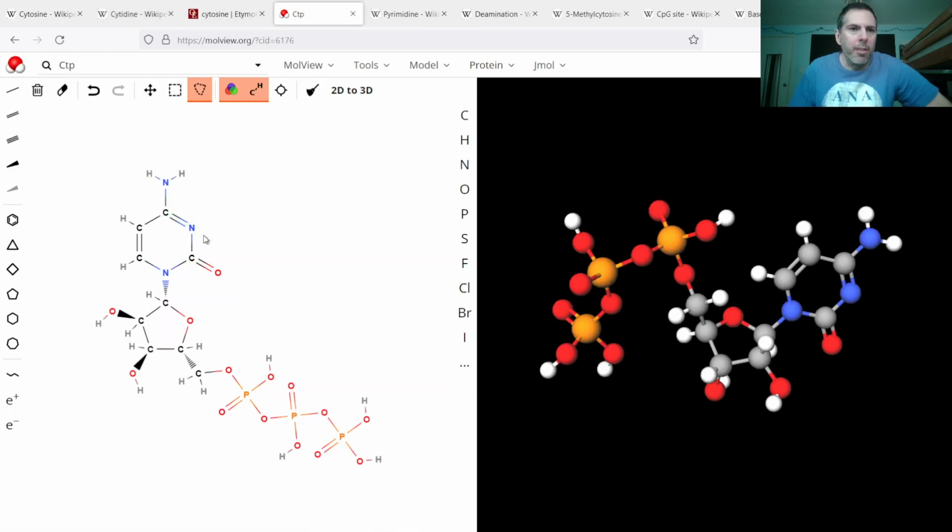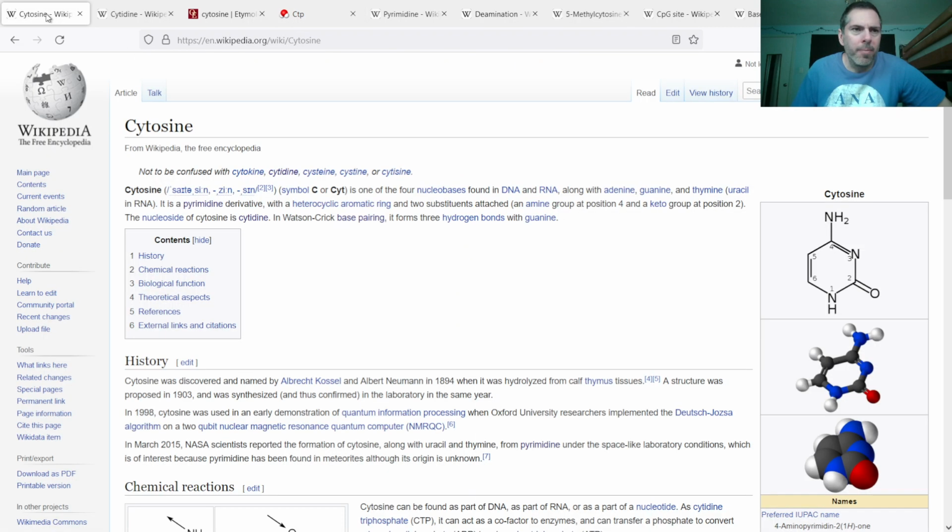Then 3 is the nitrogen with a double bond, so it'll have kind of a negative polarization here to attract the positive hydrogen to form a hydrogen bond. And then on the 4th node, you have the amine group. So here's the 4th node with the amine group.